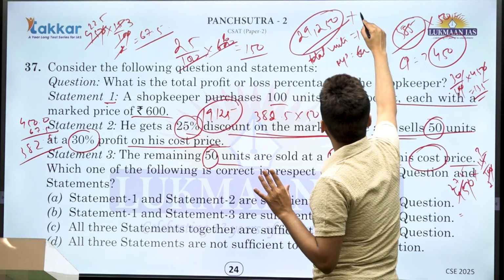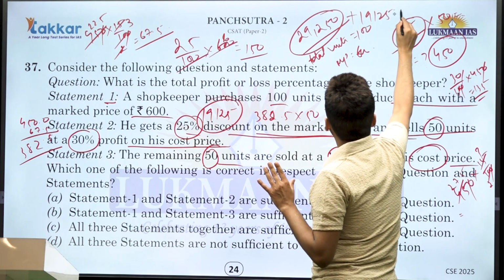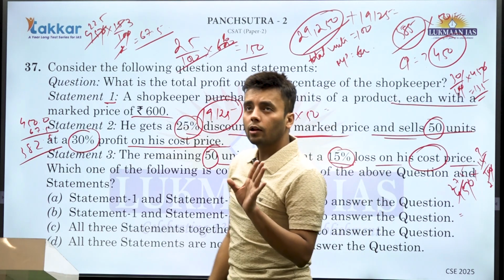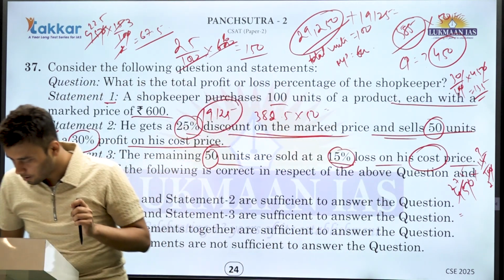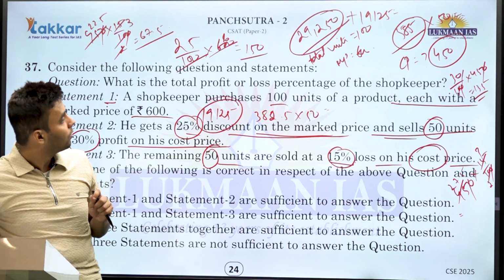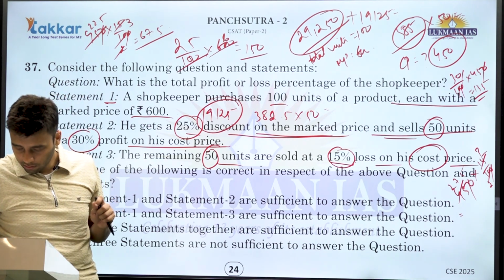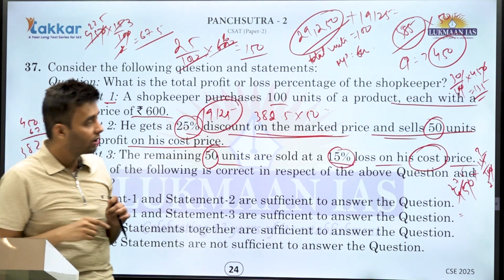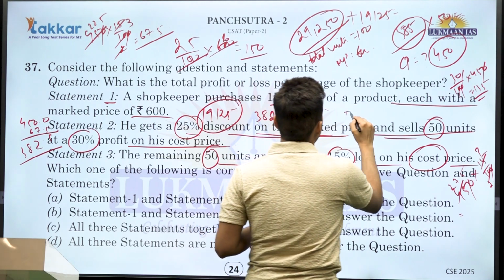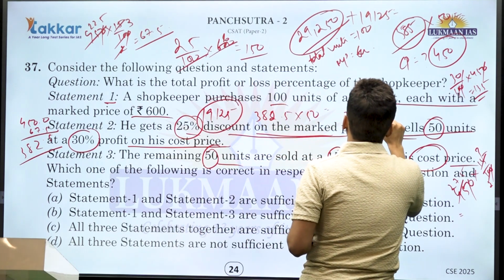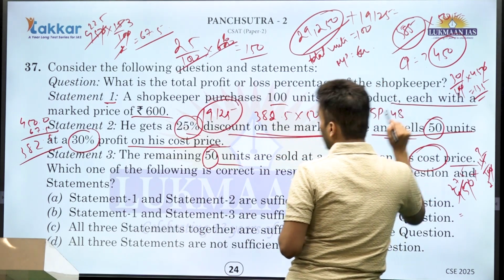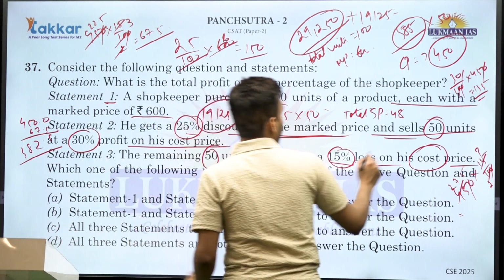Plus 19,125. If you add this, you will get the total selling price. Let's add. 29,250 plus 19,125 is 48,375. Total SP is 48,375.